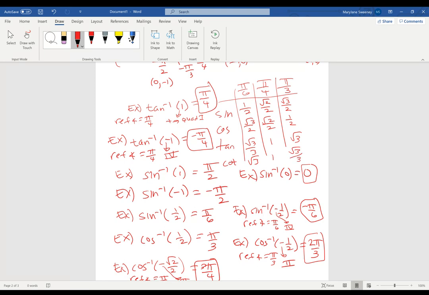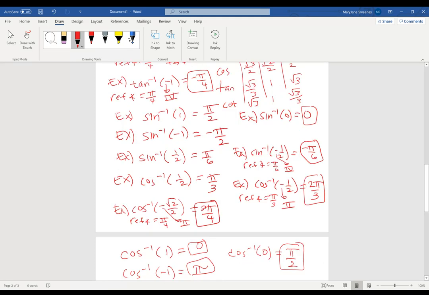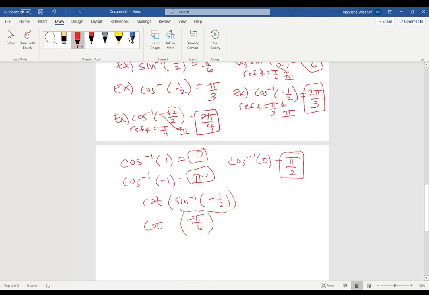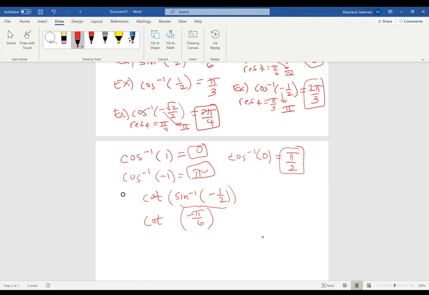So cotan of pi over 6 is radical 3. And negative pi over 6, remember, is clockwise pi over 6, so you're in quadrant 4. Cotan is negative in quadrant 4, and we said cotan of pi over 6 was radical 3.